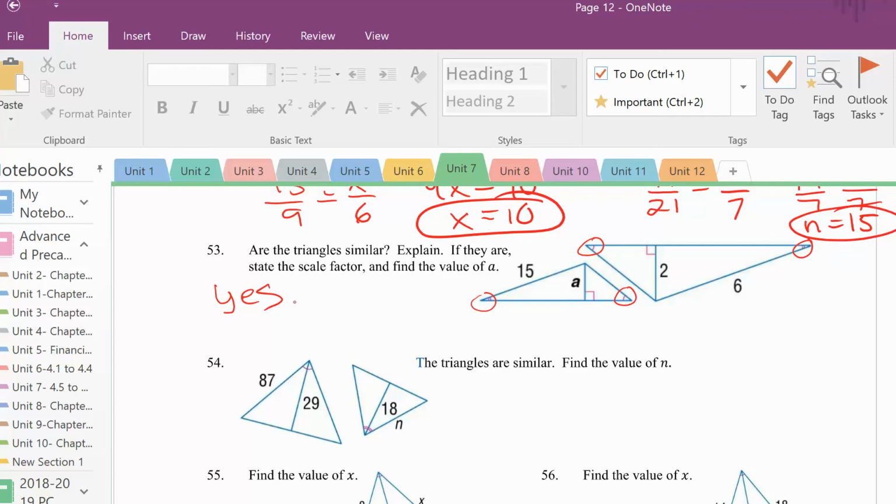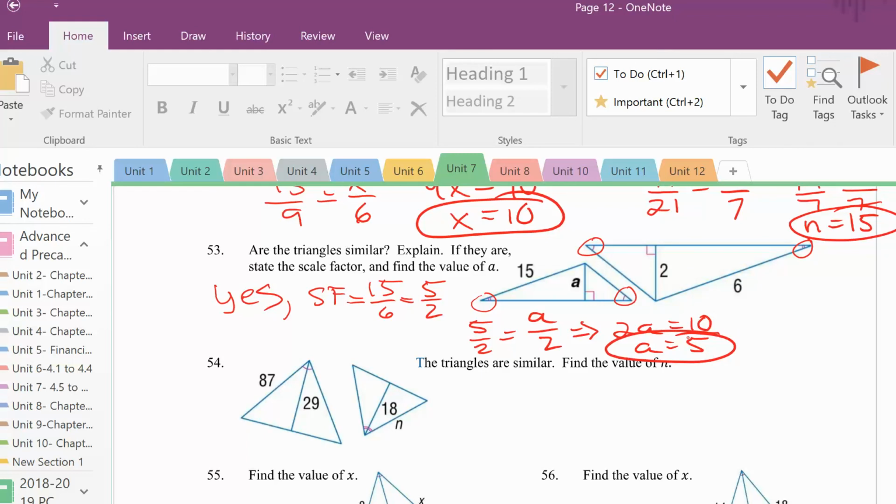So then the scale factor is going to equal, well, it's 15/6, so it's going to equal 5/2. And then to find a, you would go 5/2 equals a/2. So that means 2a is equal to 10, and a would be equal to 5.